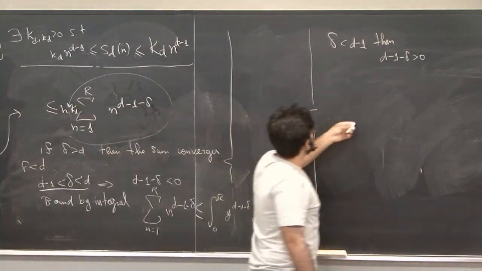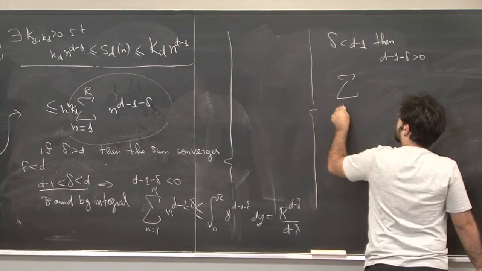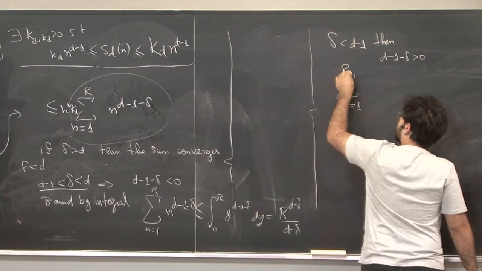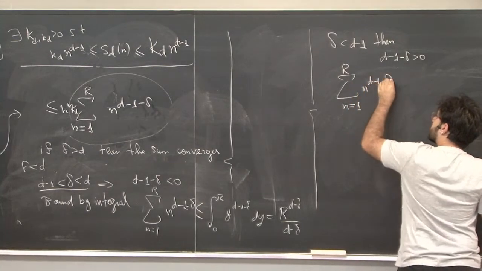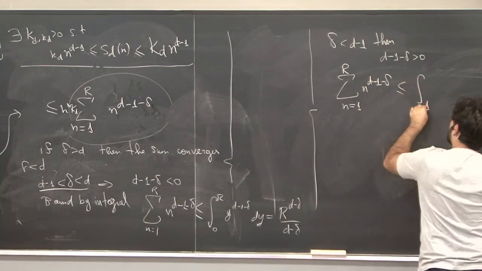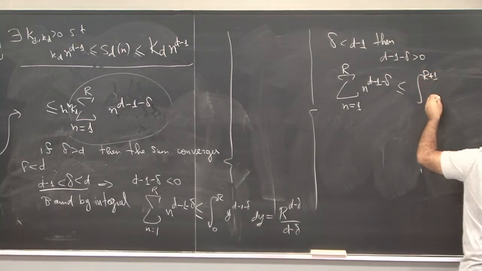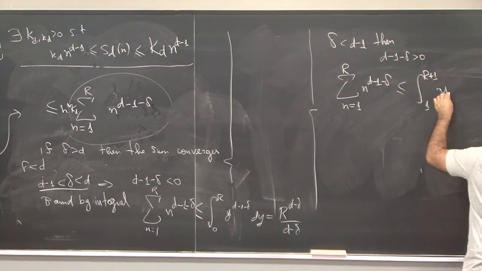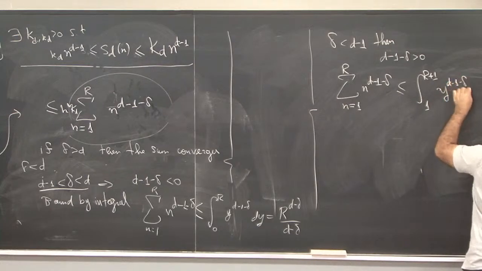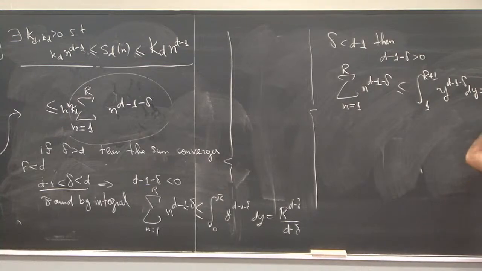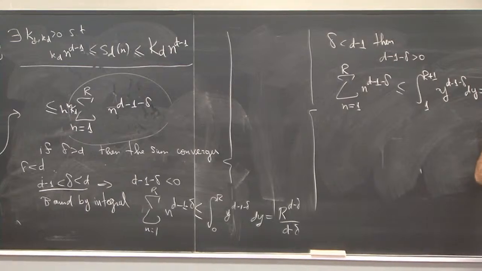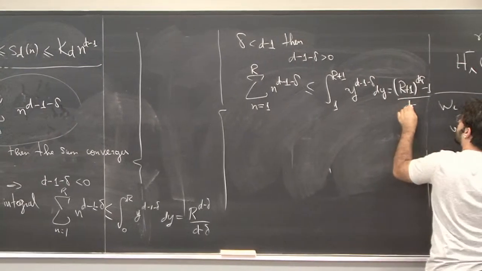And then by using again the bound by integral, this will be less than the integral from 1 to r plus 1 of y^(d minus 1 minus delta) dy, and this is just (r plus 1)^(d minus delta) minus 1 over d minus delta.